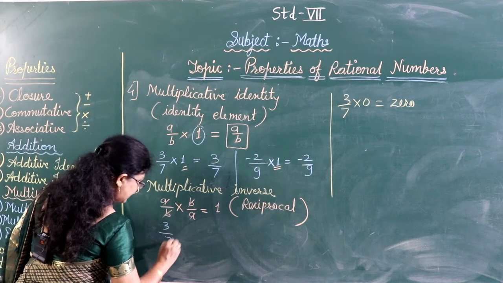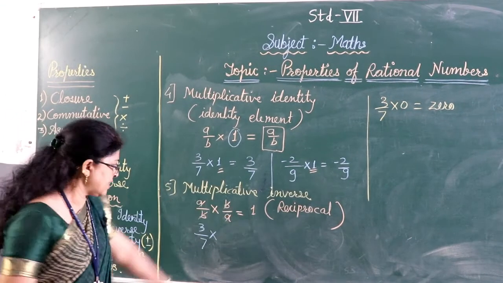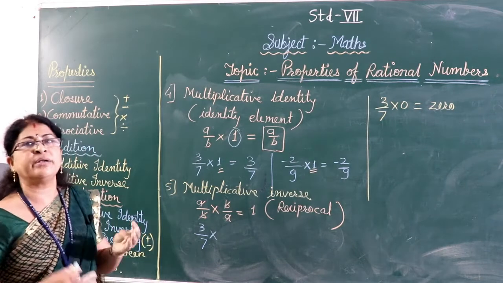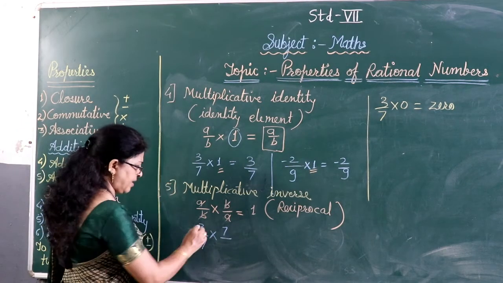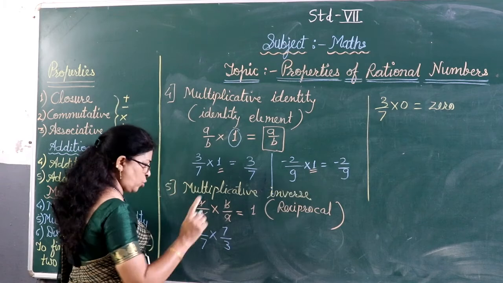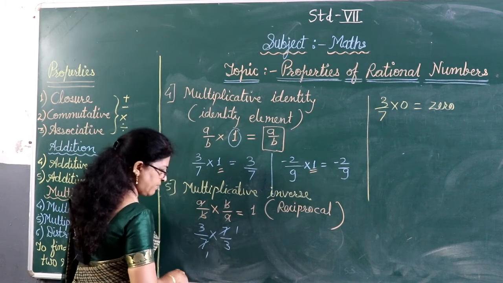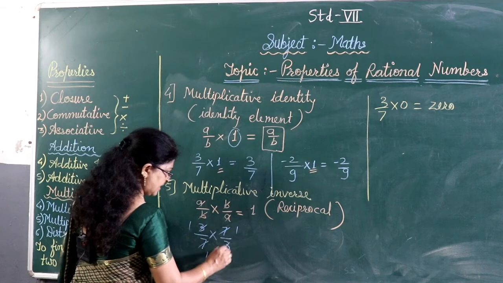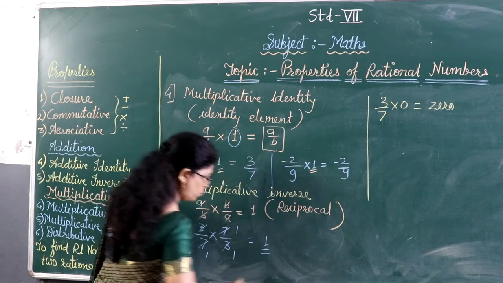Now let's apply it to an example. 3 by 7 multiplied by what number gives the answer 1? Just swap the numerator and denominator. We write the denominator 7 in the numerator and the numerator 3 in the denominator, so that they cancel. 7 ones are 7, 3 ones are 3, both are divisible by 7, and 3 ones are 3. 1 upon 1 means the answer is 1.